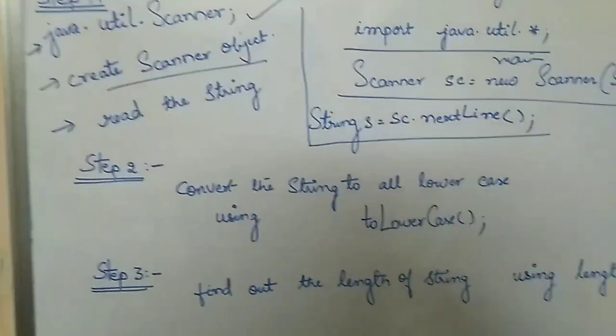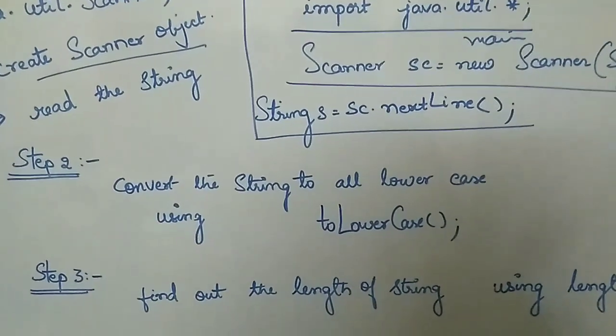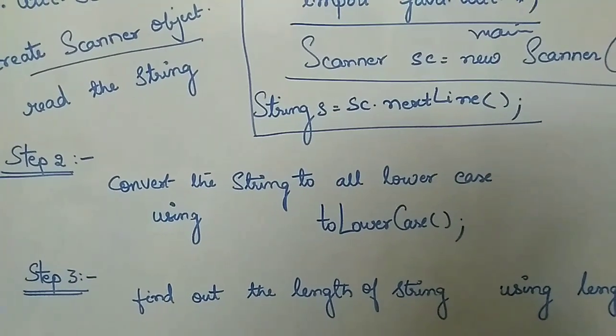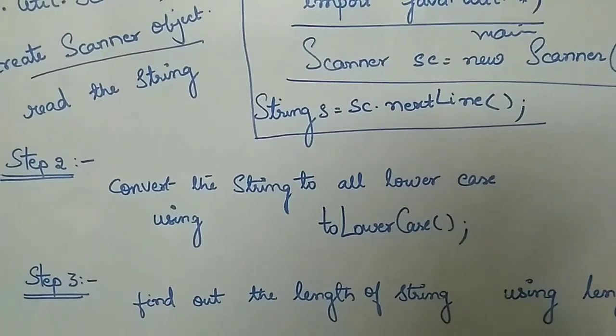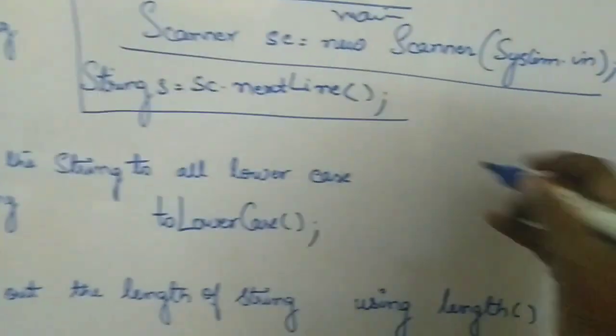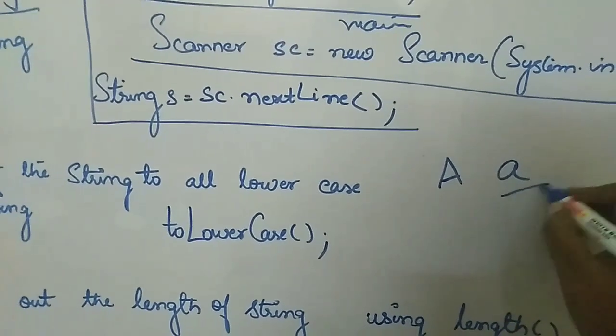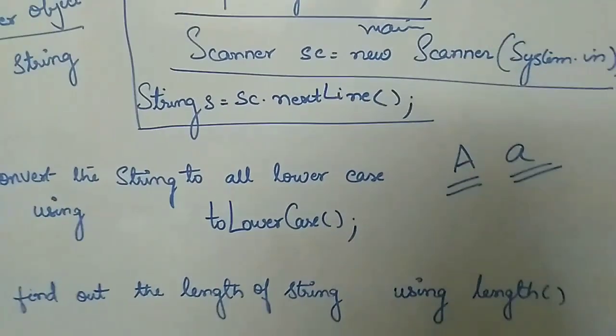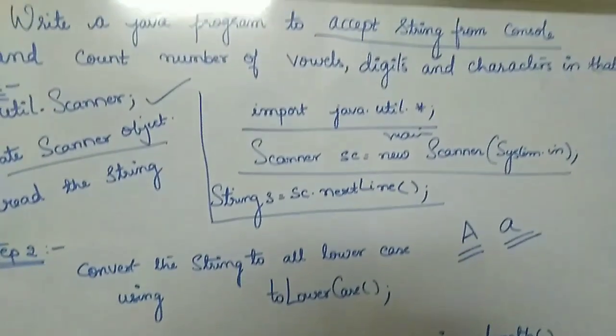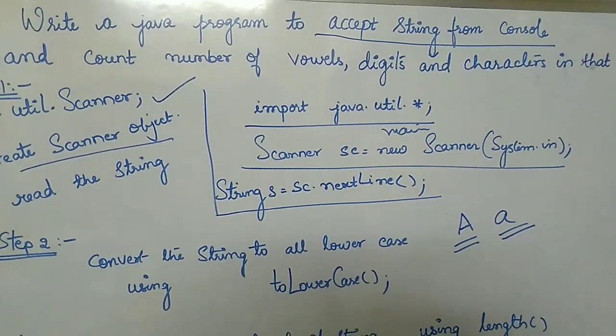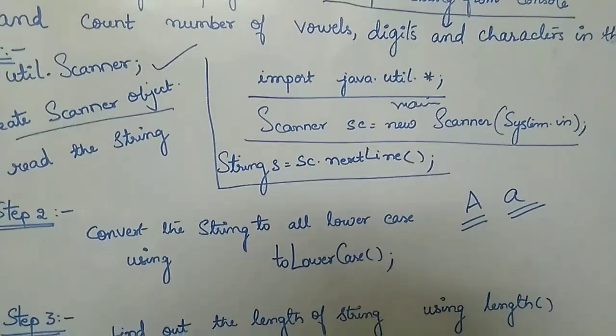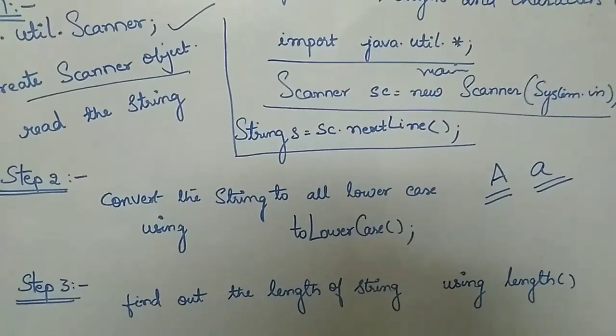Okay friends, the next step is I'll be converting the string into lowercase. Why I'm doing that is because Java is case sensitive, and capital letter A is different from lowercase a. My program is to just count the vowels, digits and characters, so it's not asking me to count the uppercase letters and lowercase letters.